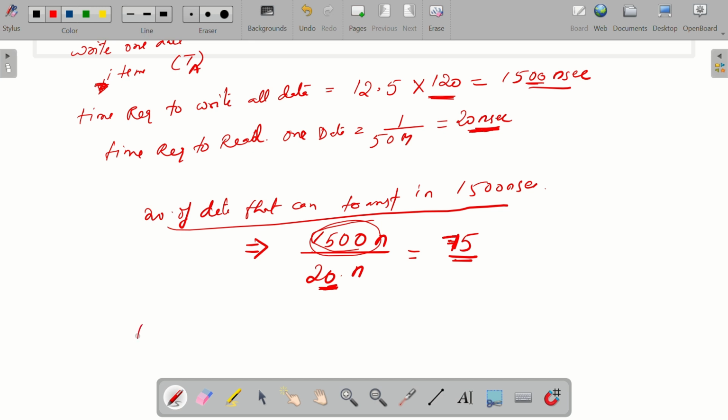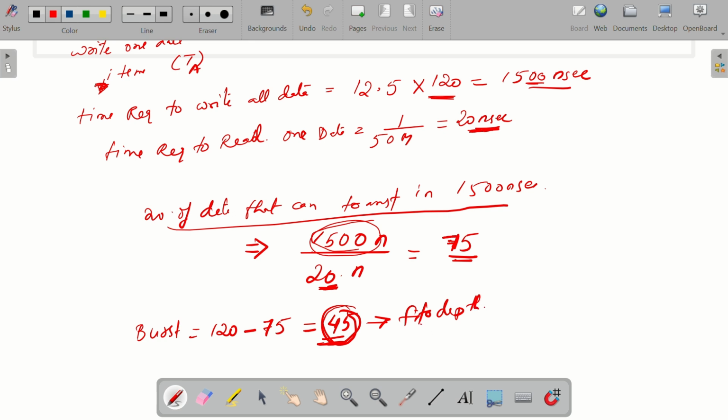Now, what are the remaining items? We know that the burst length previously mentioned in the question was 120, and within the time duration of 1500 nanoseconds, I was able to read 75 items. This means the 45 remaining items have to be stored. So these 45 items will tell you what your FIFO depth is.